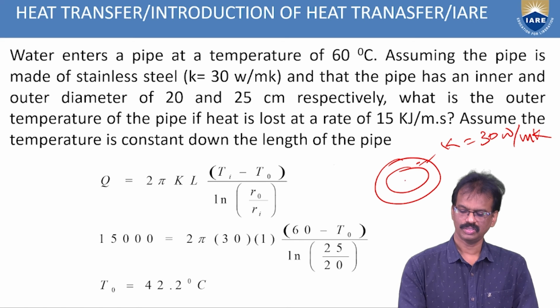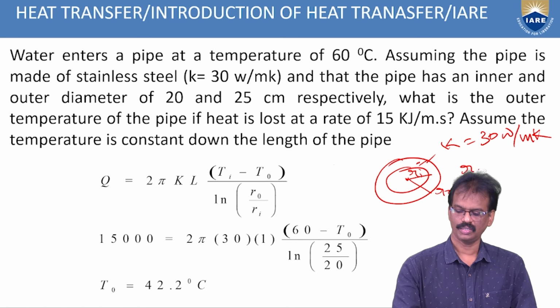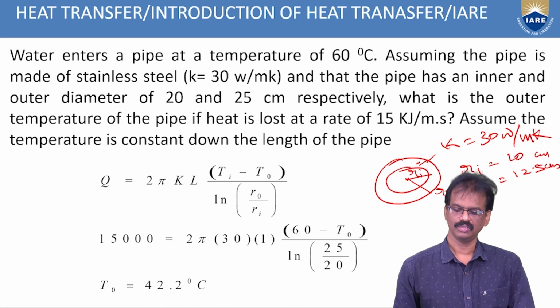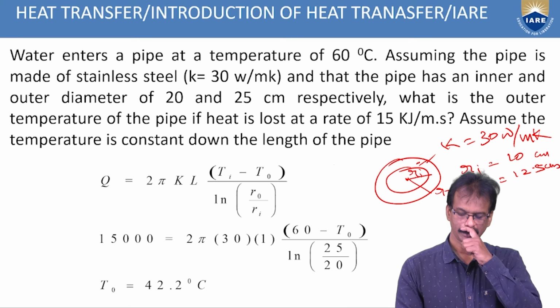This is the inner radius Ri, outer radius R naught. Ri is equal to 10, R naught is equal to 12.5 centimeters, convert into meters. The outer temperature you have to find out.